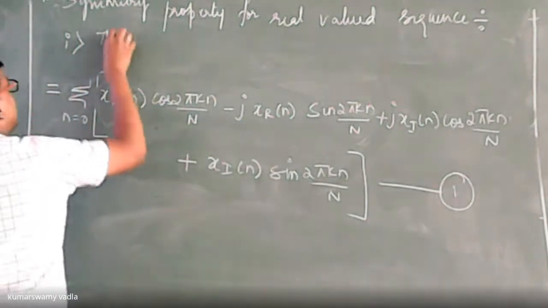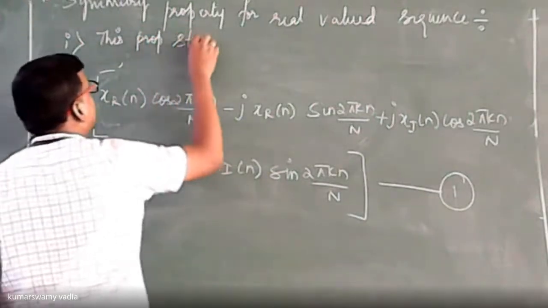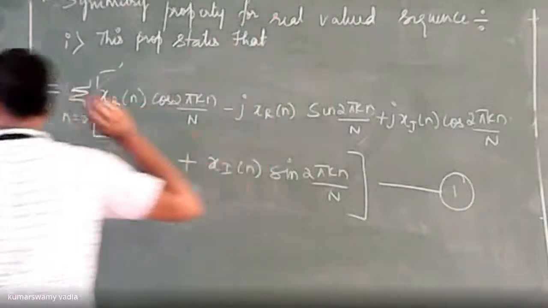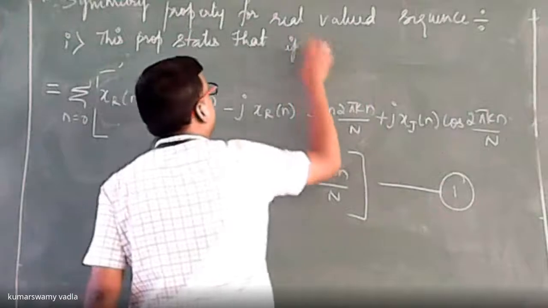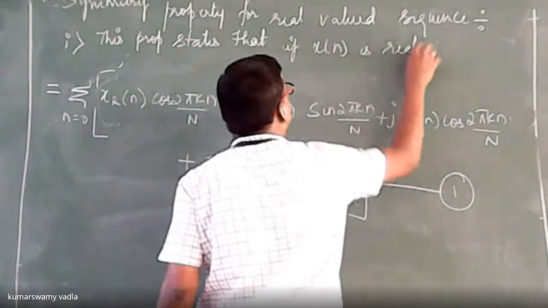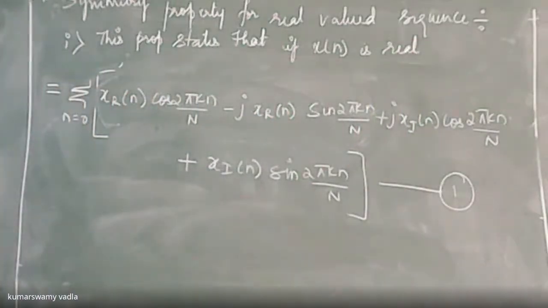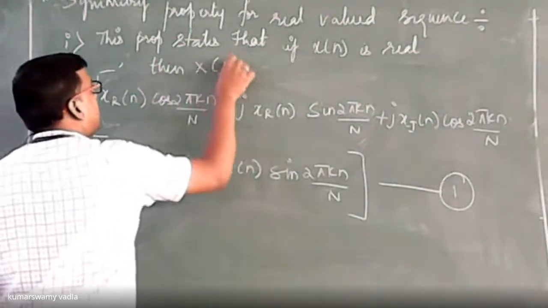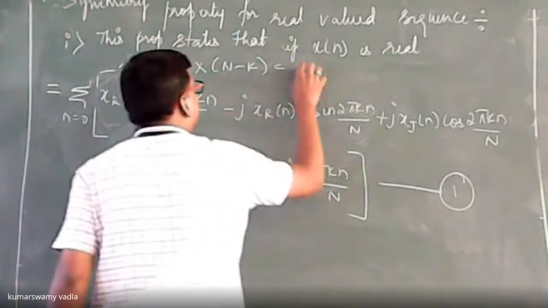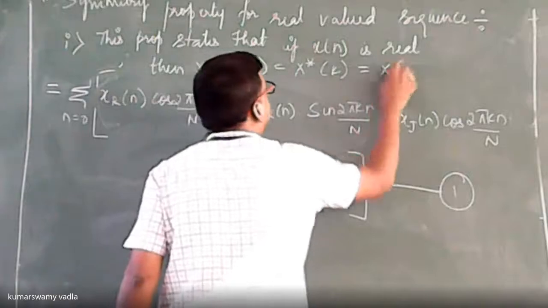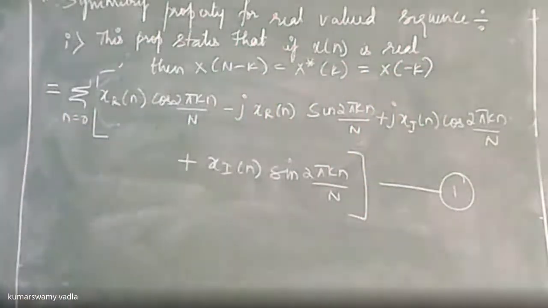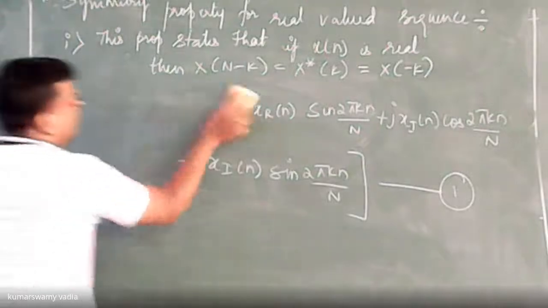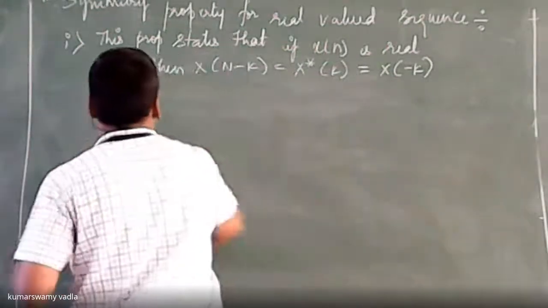This property states that if x of n is real, then X of N minus k is equal to X conjugate of k, or equal to X of minus k.